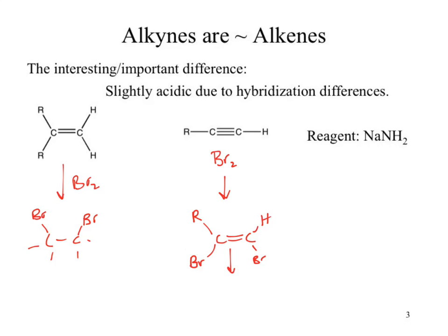Same thing. React with another bromine, and we end up with an alkane with 4 bromines around it, in our R group and our H group. I know that looks sloppy, but hopefully you get the idea. It is a bromination reaction because we're adding strictly bromine.